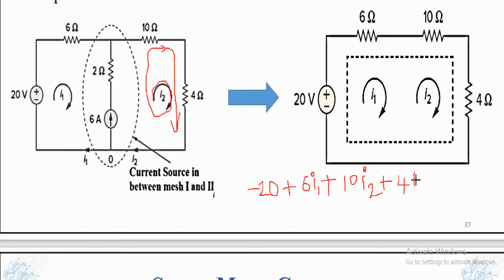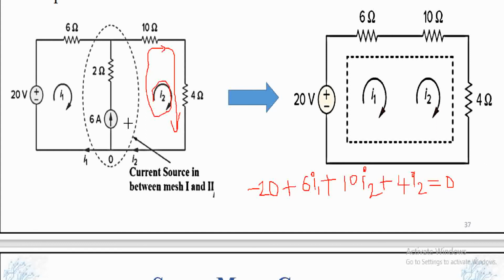Over. In a super mesh we apply a single KVL for the two meshes, which is equal to 0. We have done half of the work. That is minus 20, 6 I1, 10 I2, 4 I2 becomes 14 I2.